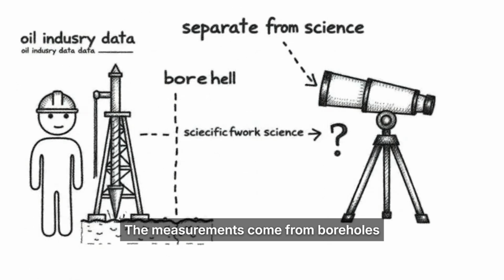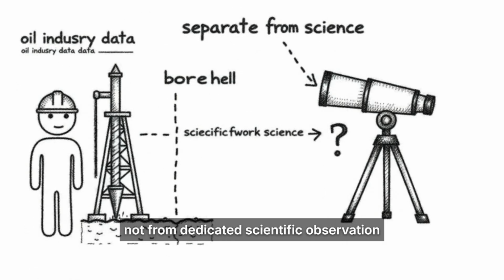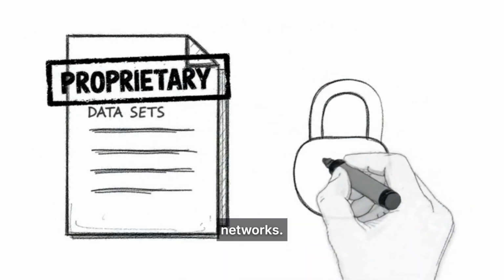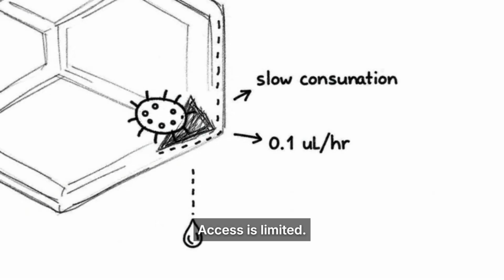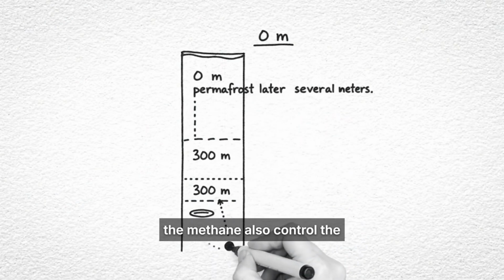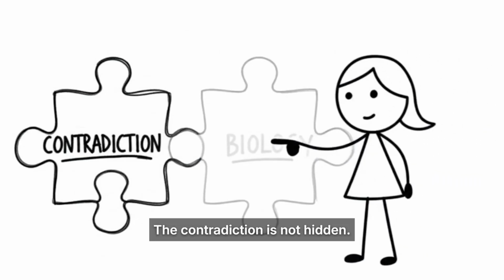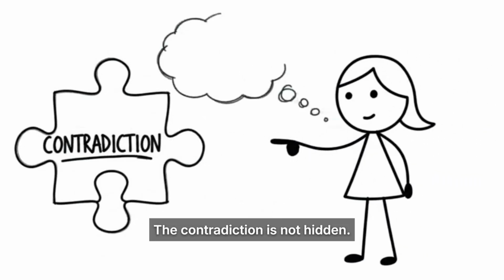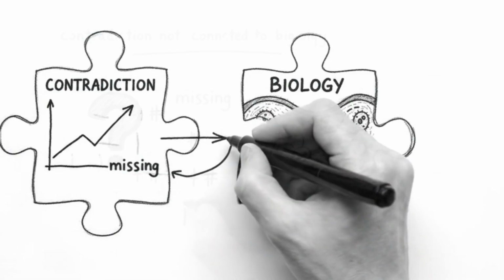The measurements come from boreholes drilled by the oil industry, not from dedicated scientific observation networks. The data sets are proprietary. Access is limited. The same companies that extract the methane also control the records of its unexpected migration. The contradiction is not hidden. It is simply not connected to the biology that explains it.